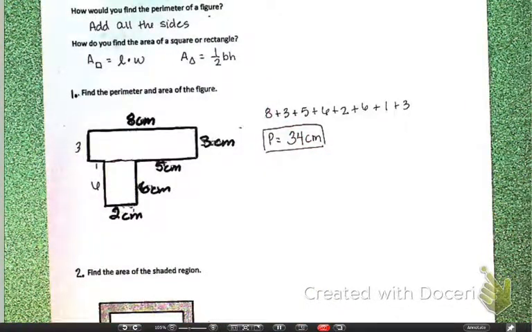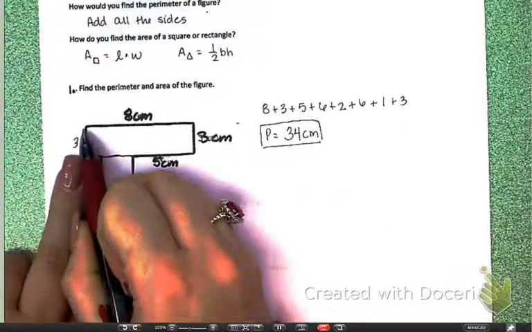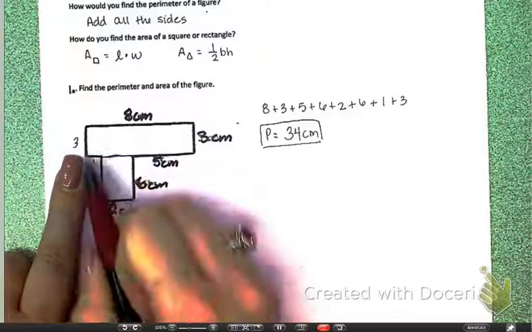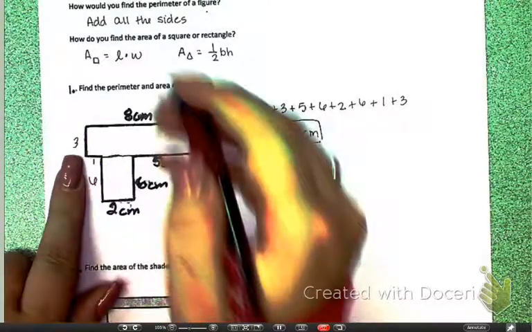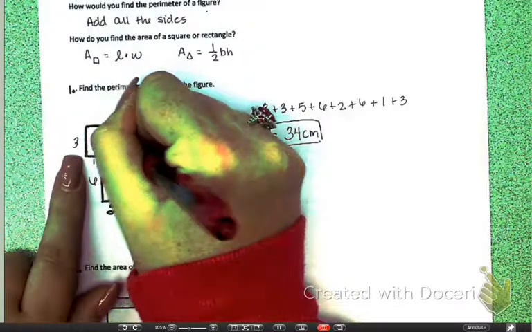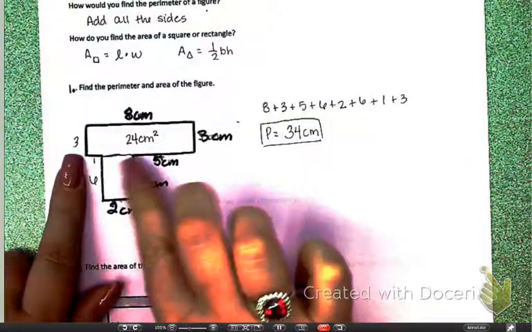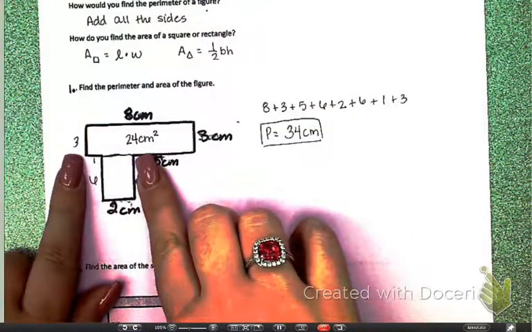Do you know how to find the area of a rectangle? Yeah, we just said it's length times width. So 8 times 3, 8 times 3 gives you what? 24. So this area right here is 24 centimeters squared.